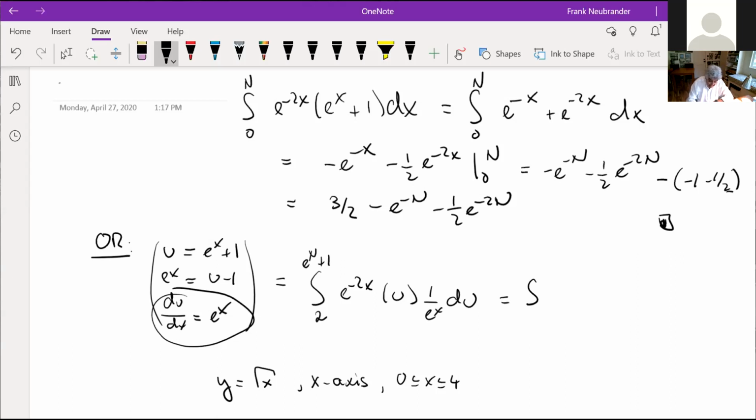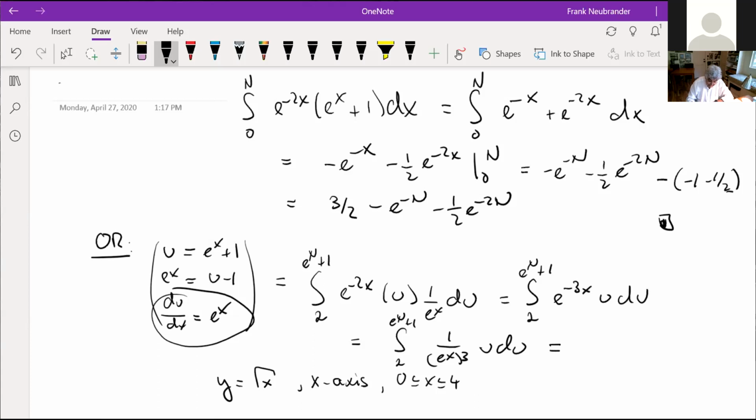So it's the same as the integral from 2 to e to the n plus 1. e to the minus 2x divided by e to the x is e to the minus 3x times u du, which is the same as the integral from 2 to e to the n plus 1 of 1 over e to the x to the 3 u du.